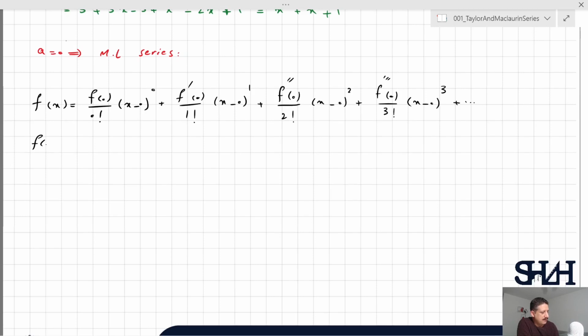I can simplify this. It will be f(0) plus f prime(0) x plus the second derivative over 2 factorial times x squared, the third derivative over 3 factorial times x cubed, and this is the Maclaurin equation.